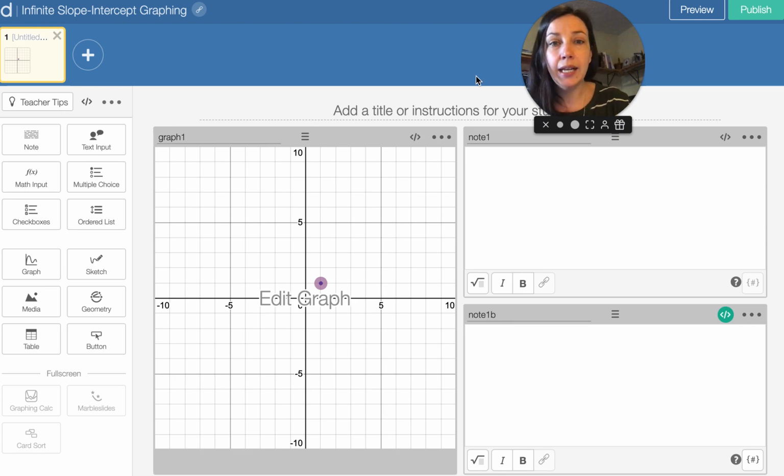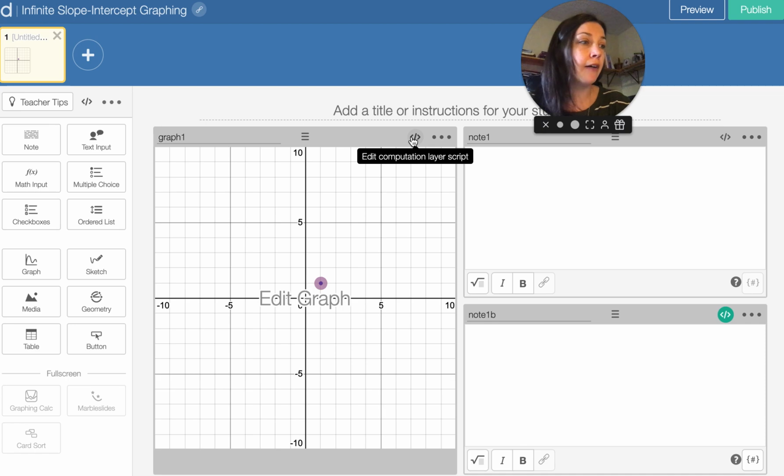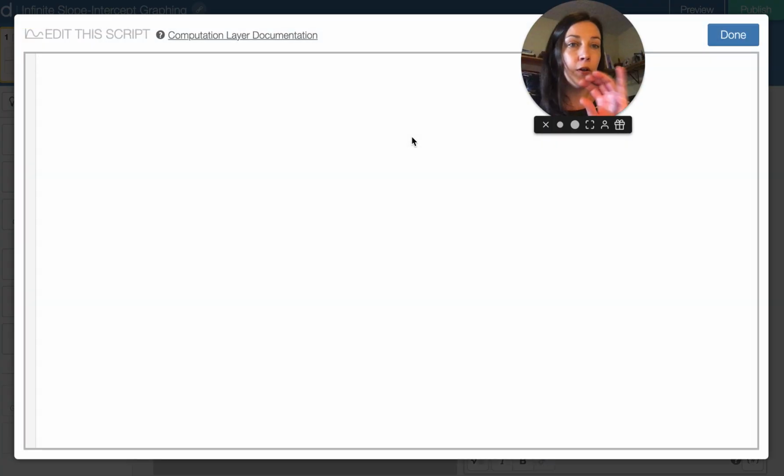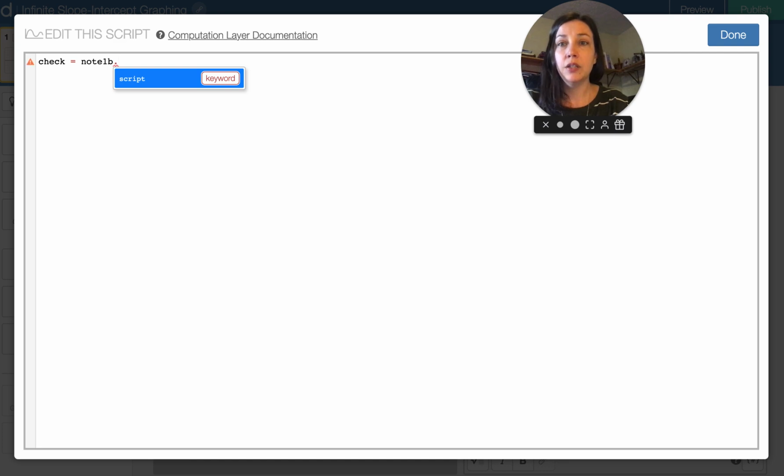So let's now go into the graph computation layer. I have all that notation in there. So I'm going to call it check. Again, it's the same name, but I need to pull it from that note component, that variable. That was in note 1B. Remember, I labeled it note 1B, script, check.